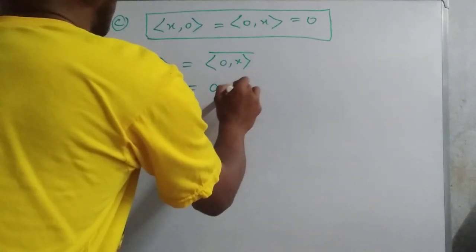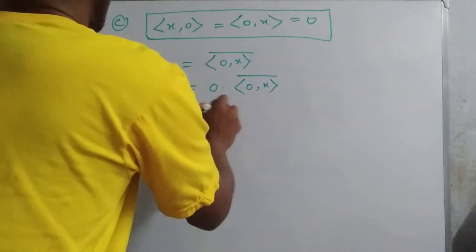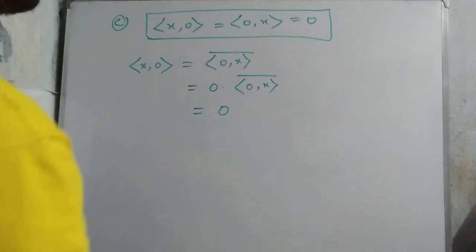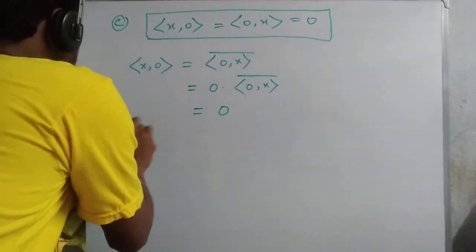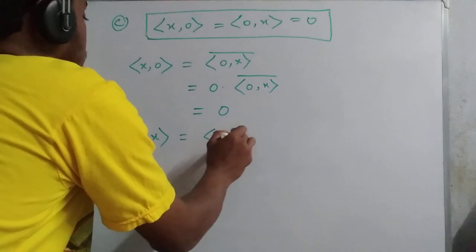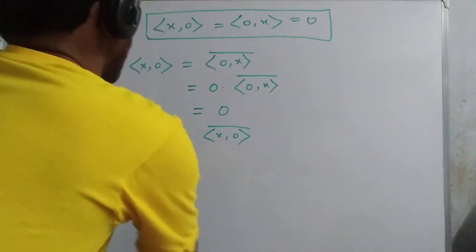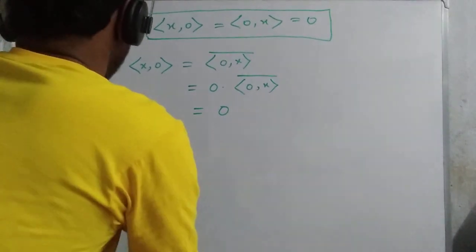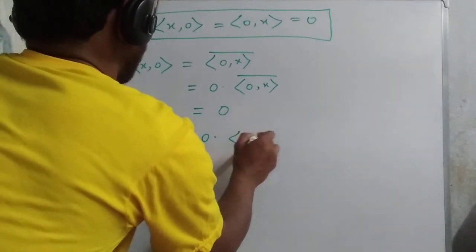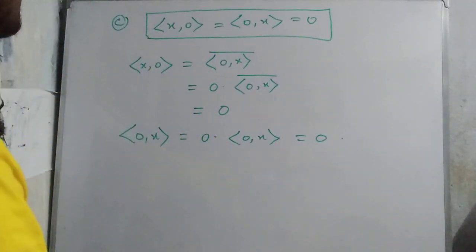Equal to 0 multiplied by <x, 0>, equal to 0. Not a problem at all. Similarly, <0, x> equals what? <x, 0> conjugate. This one is not needed here, because if we write 0·0, not a problem, then this one is 0.